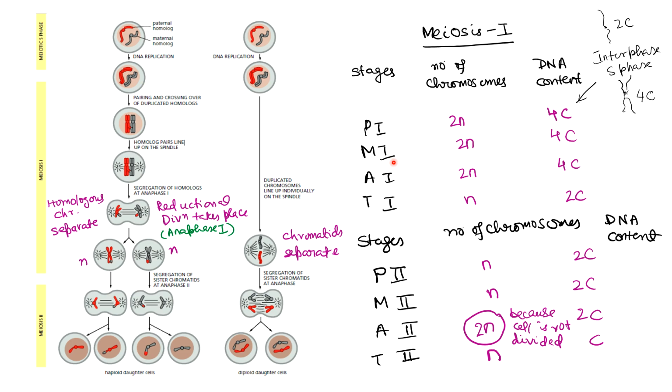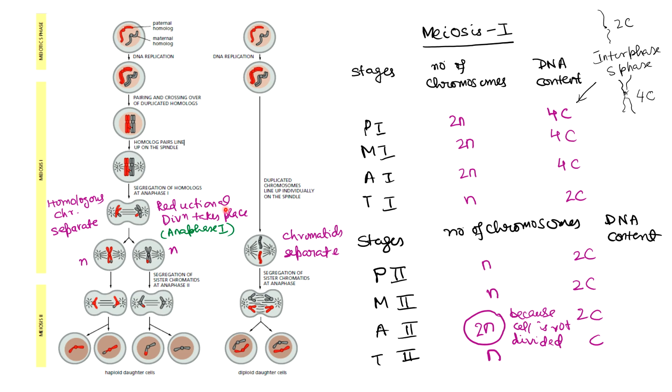Next, see metaphase 1. When you see metaphase 1, the homologous pairs are just arranged along the equatorial line. So we are not doing anything with the chromosomes. Both the DNA content and the chromosome number remain the same. In anaphase also, what happens? The homologous chromosomes are getting separated, and they are moving towards the opposite poles.